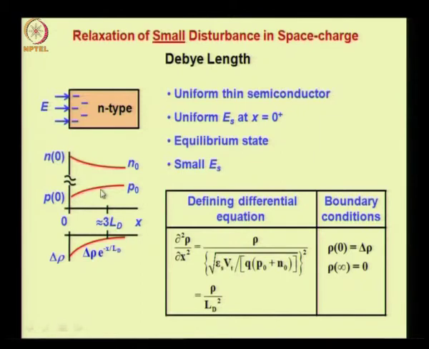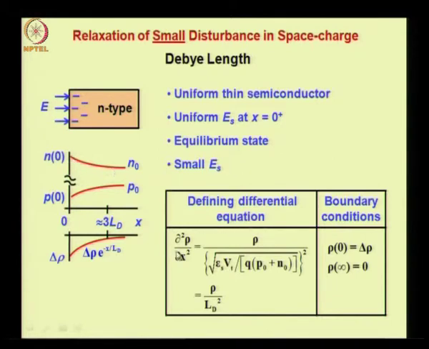This also happens exponentially. The space charge, which arises because of elevation of electrons and depletion of holes, varies exponentially. Now the holes really do not contribute much to the space charge because their number is really small, so this exponential behavior of the space charge mostly follows the exponential decay of the electron concentration.